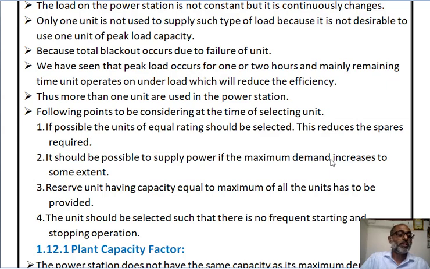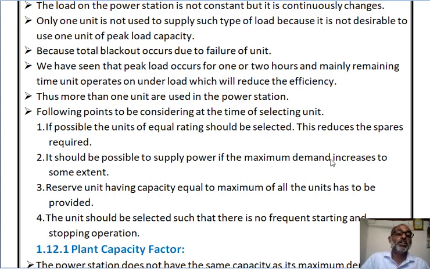First, if possible, whatever units are used in the power station, all units should have equal rating. This reduces the spares requirement for the unit. Second, it should be possible to supply power if the maximum demand is increased to some extent.